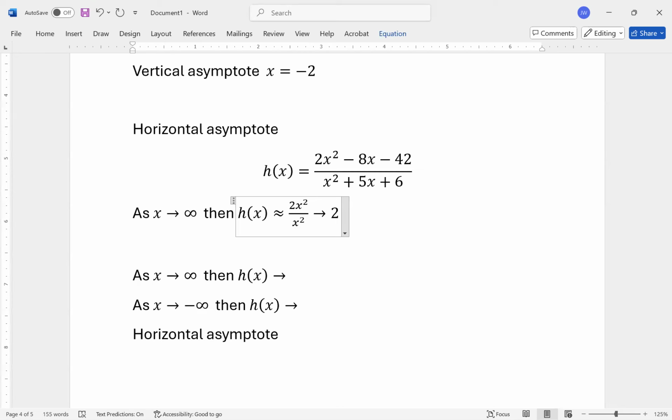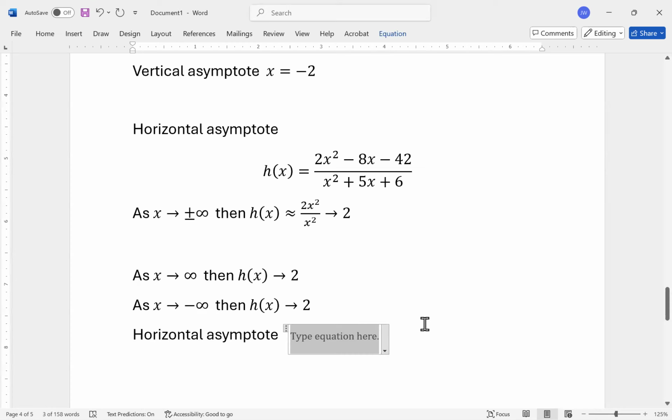That works if x is going to infinity or if x is going to negative infinity. So as x goes to positive infinity, my function value turns into 2. As x goes to negative infinity, my function value turns into 2. That means I have one horizontal asymptote, which is y is equal to 2.